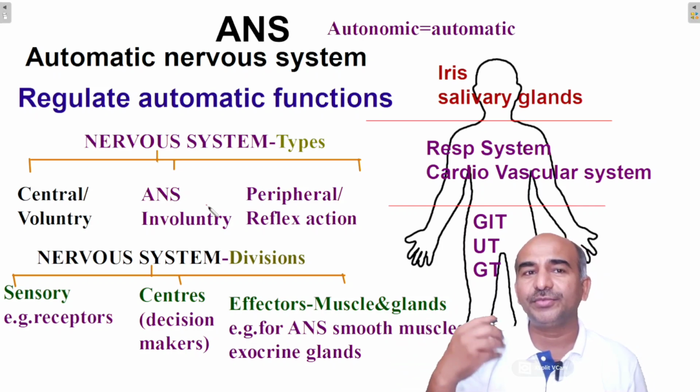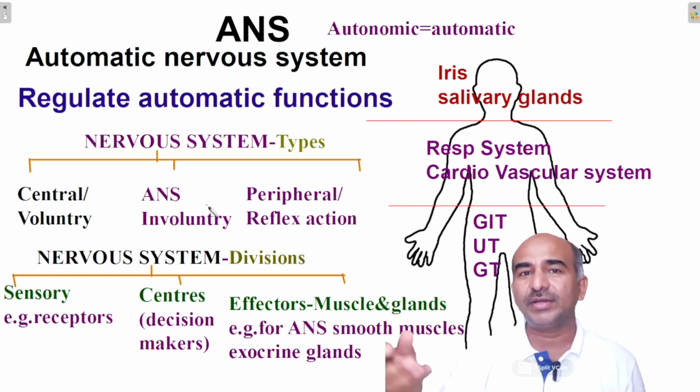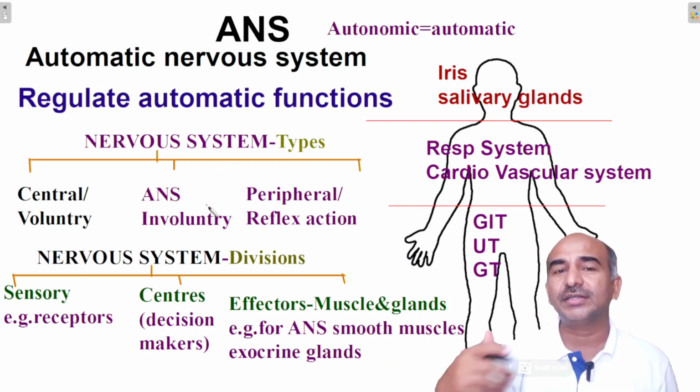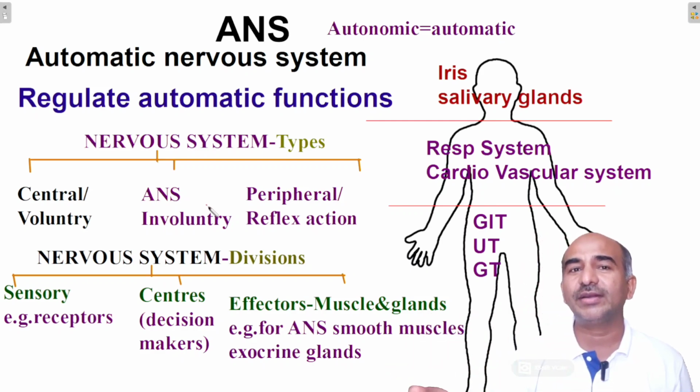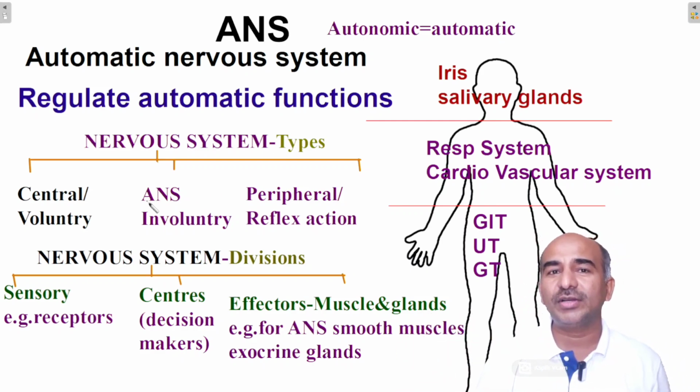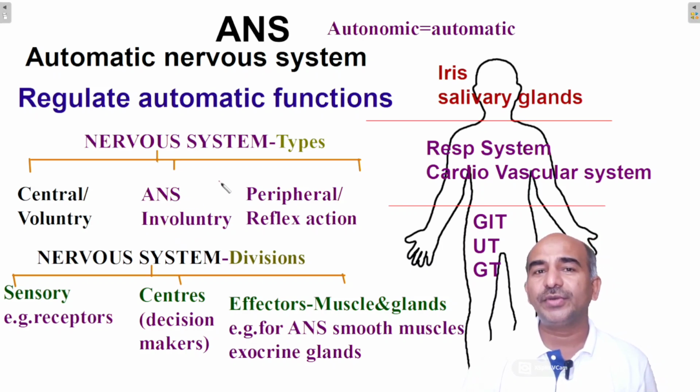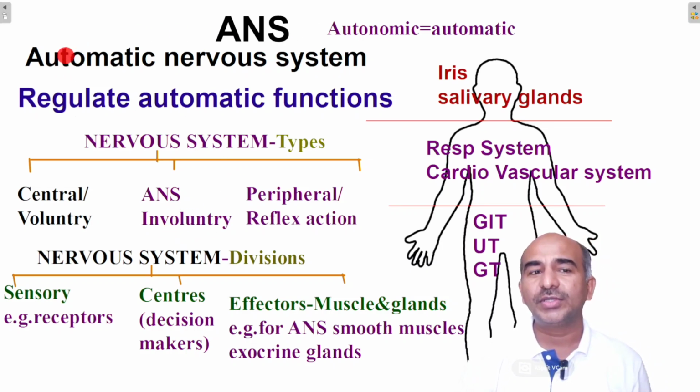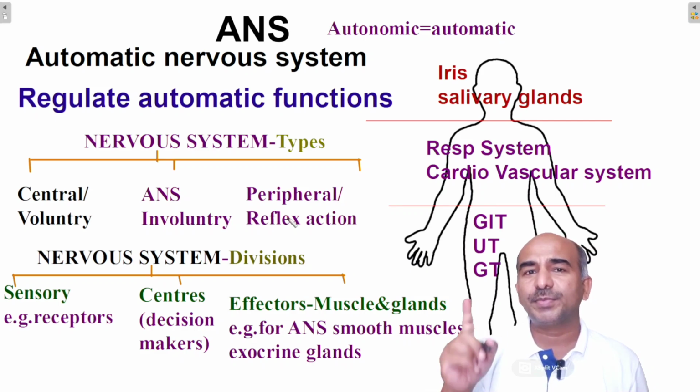For example, while eating food, we cannot decide salivary secretion, or movement of the intestine or stomach, or gastric juice secretion. These are involuntary or automatic functions, and the system that regulates these automatic functions is the autonomic nervous system. I am using a specific word here, regulate. I will tell you shortly about this word, regulation.